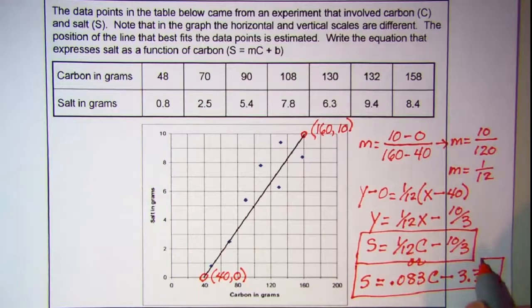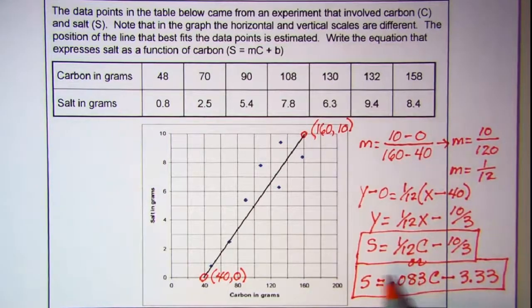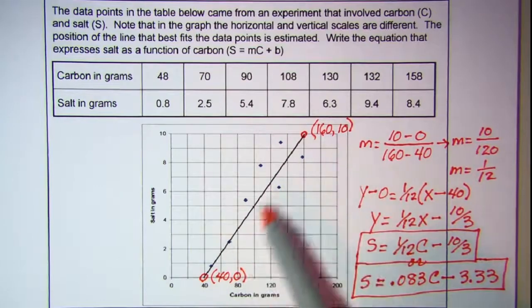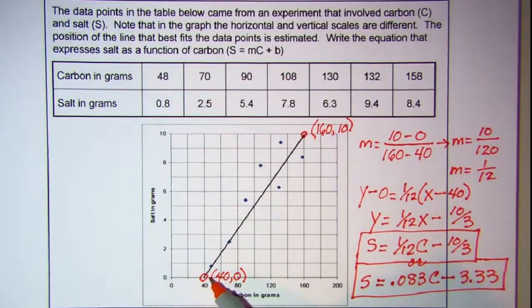So it makes sense that since this line is an approximation of best fit for our data, we would use approximate values for these numbers instead of this. These numbers indicate a lot of accuracy, and we don't have a lot of accuracy with this.